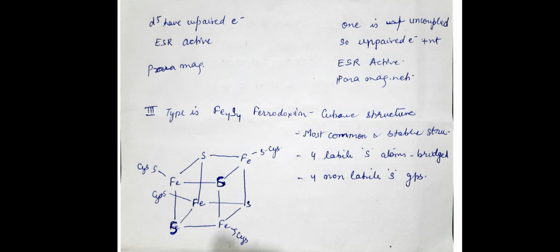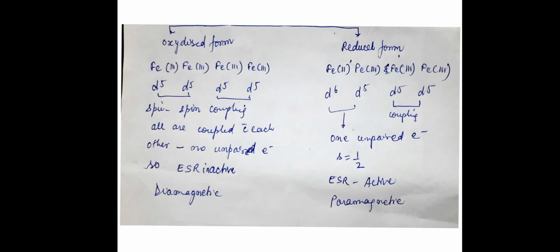This is the form of tetrahedral structure, and both sulfurs are at another corner of the lower square of the cube. Now these are the complete groups present in the iron and sulfur, Fe4 and S4. Oxidized form again and reduced form. These are the 2 forms: Fe3+, Fe3+, Fe3+ and Fe3+ with d5, d5, d5, d5.